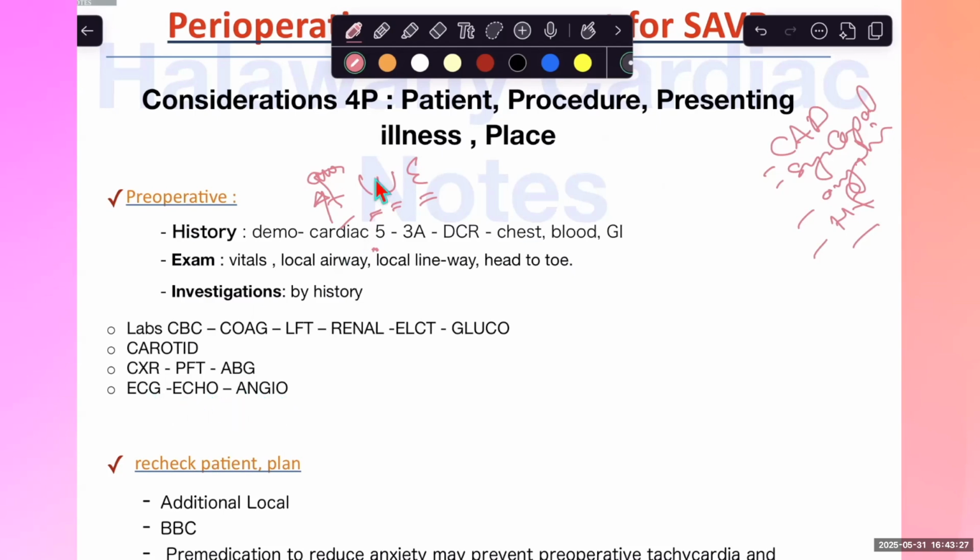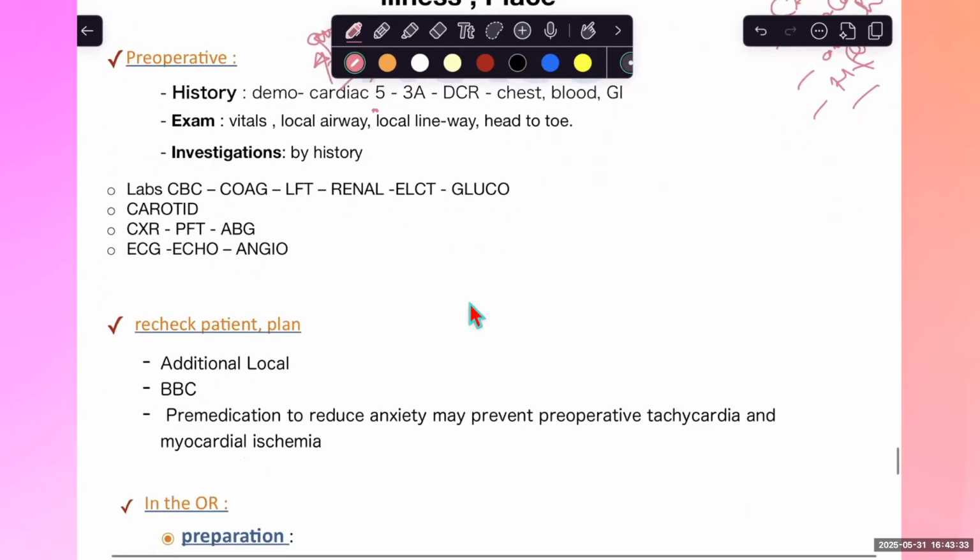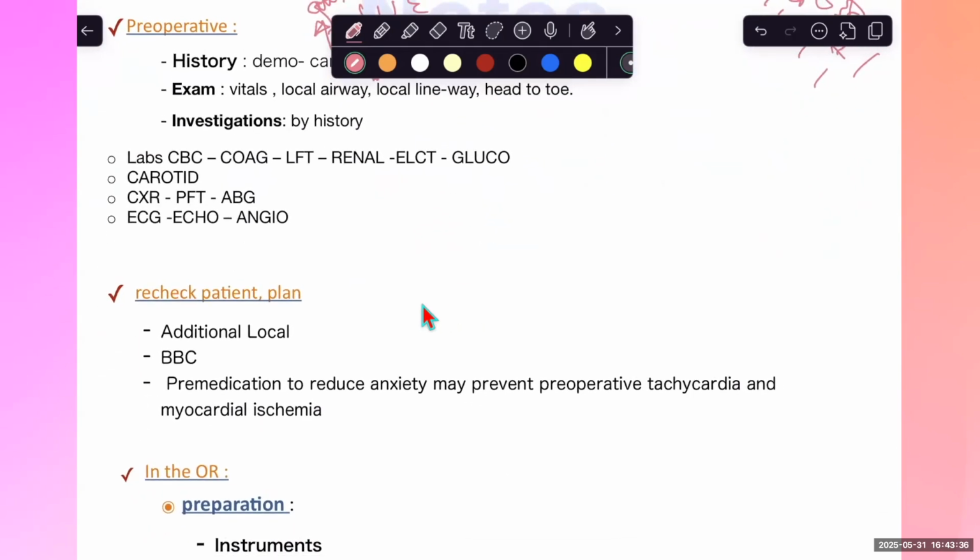This is very important to know the function, whether systolic function or diastolic dysfunction. When the patient comes to you in the recovery area or the pre-induction room, you should recheck the patient and recheck your plan. Do additional local airway assessment to see if you're gonna need anything. Blood, bed, and the consent are very important.